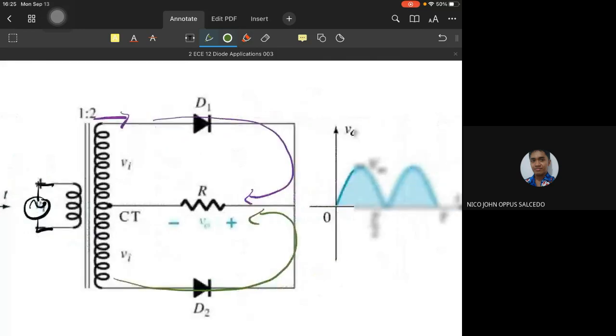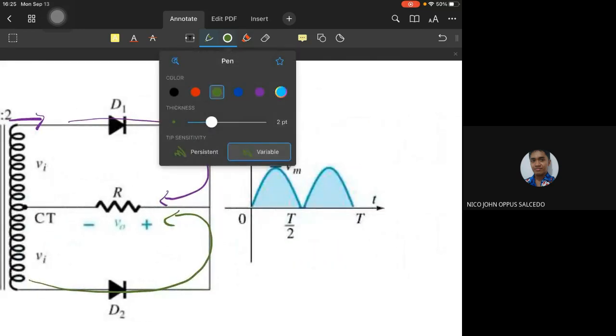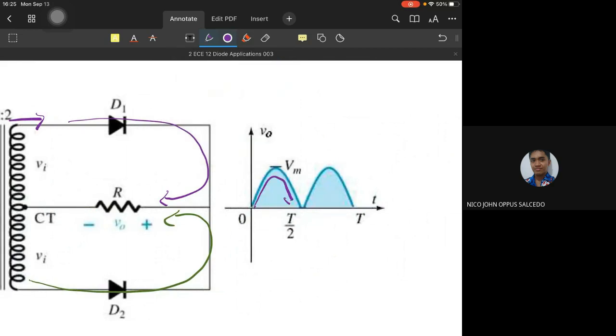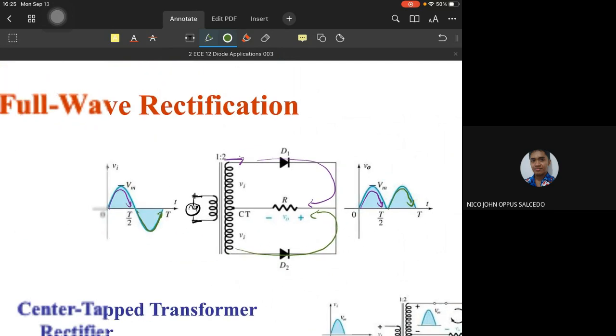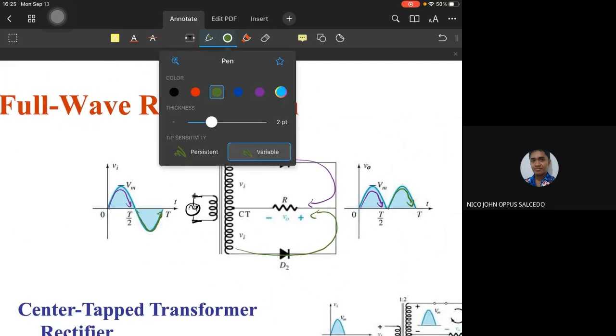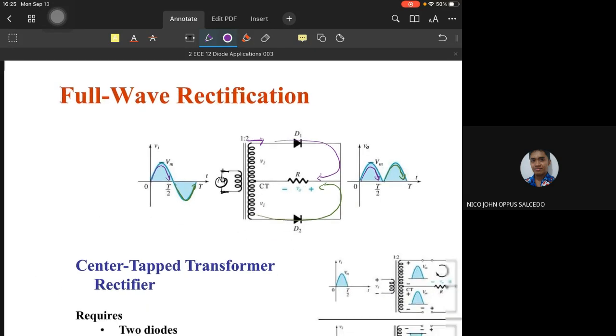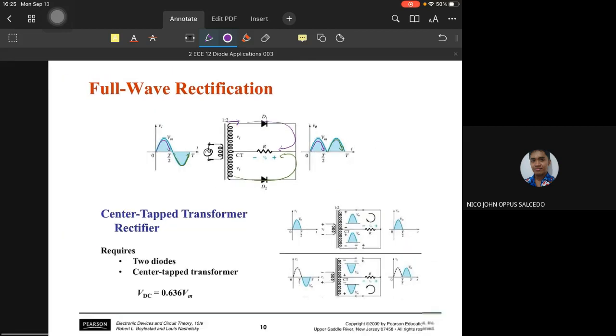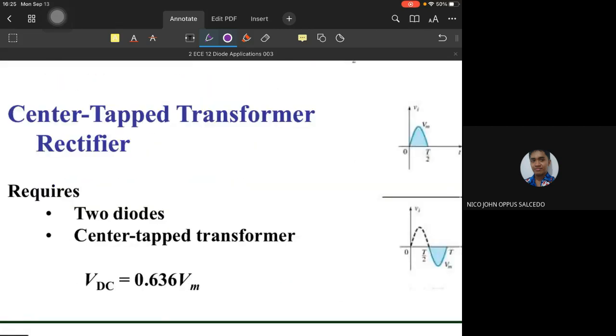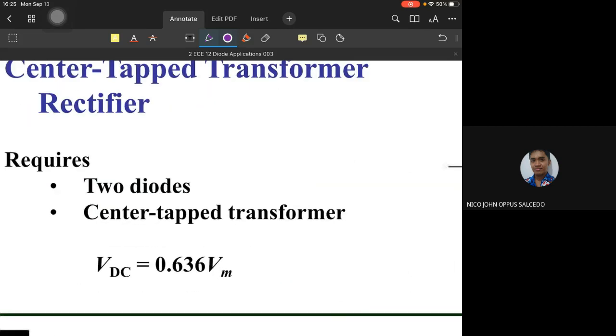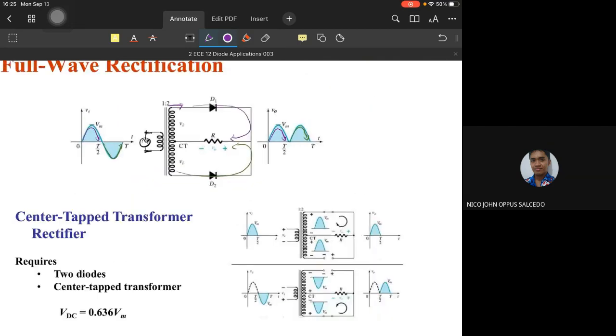The output is the same, positive then negative. The computation of VDC is also the same as for the bridge rectifier.